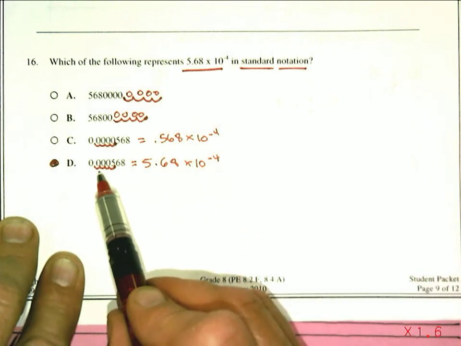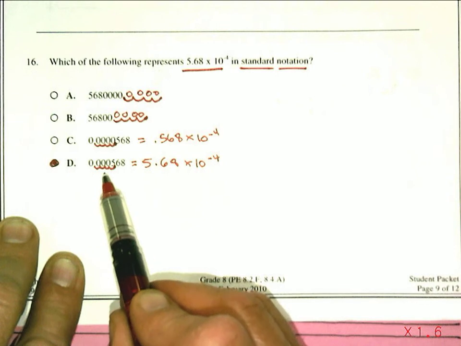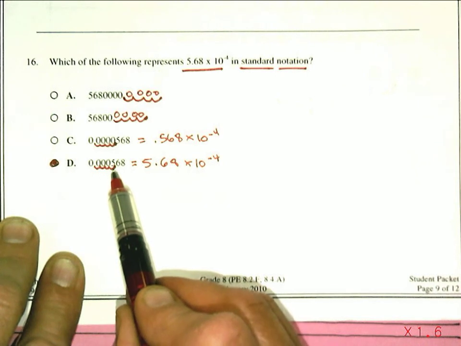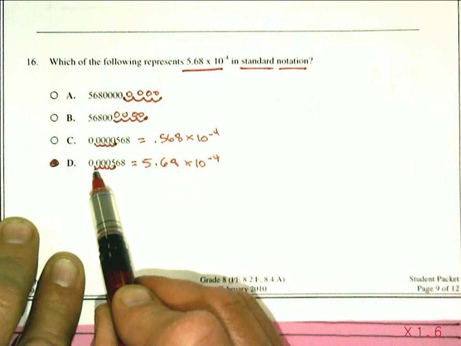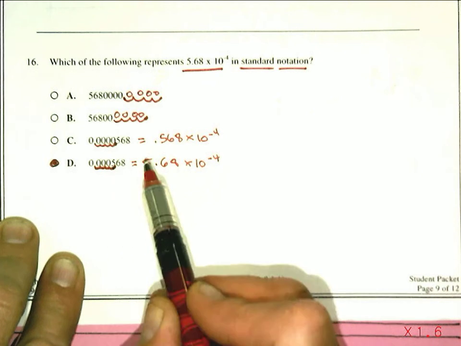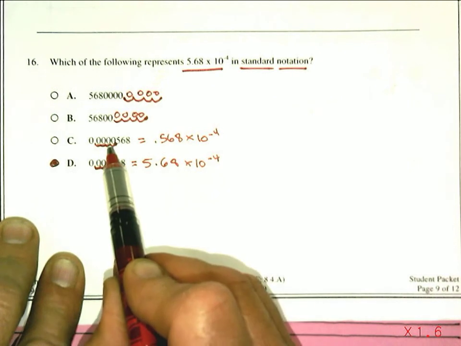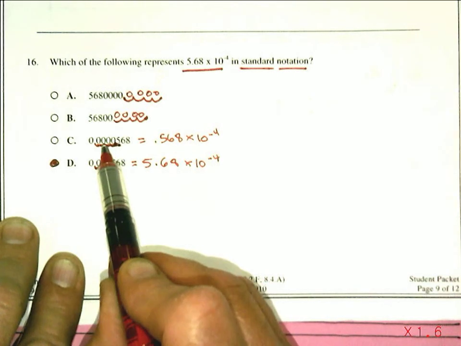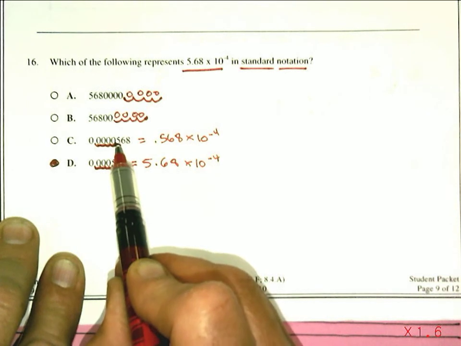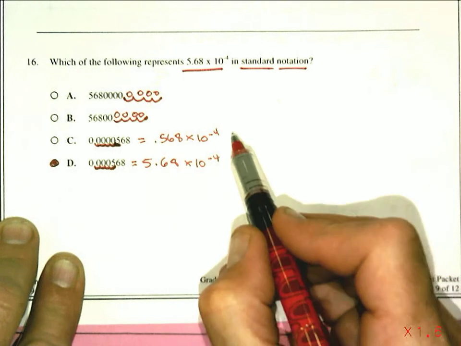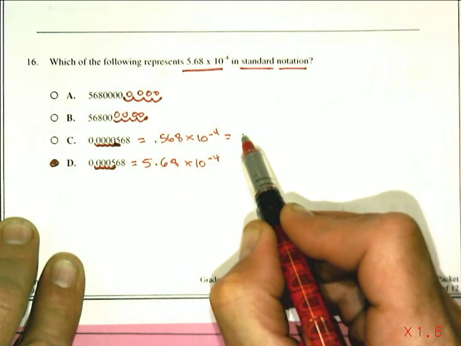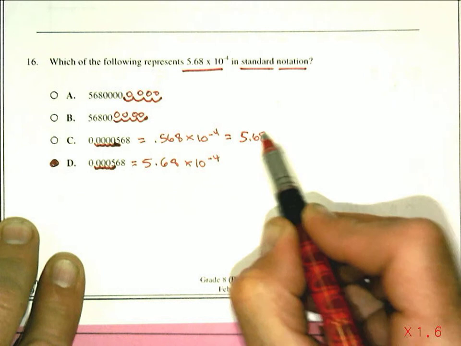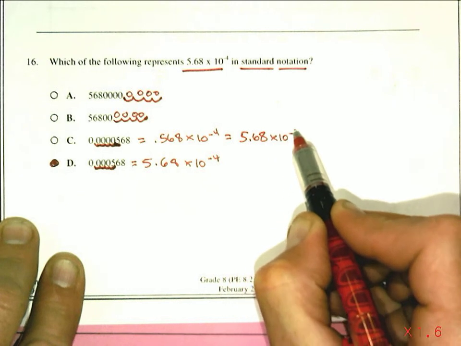Or in some cases you can think of it as how many zeros we placed, including the first number, in front of the decimal point. This one took 4. This one, if we had wanted to write it in scientific notation, we would have had to move it 5 places, 1, 2, 3, 4, 5. So I could have actually written this one in scientific notation by writing 5.68 times 10 to the minus 5.